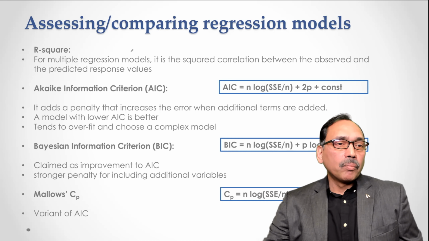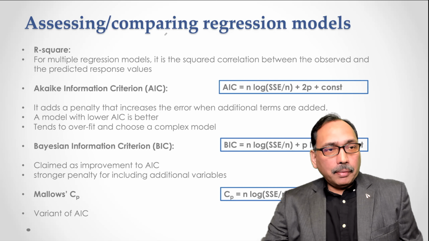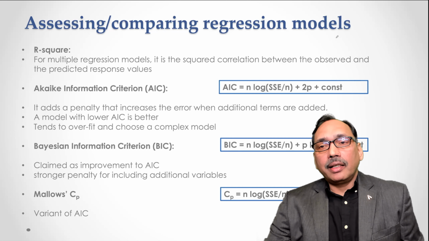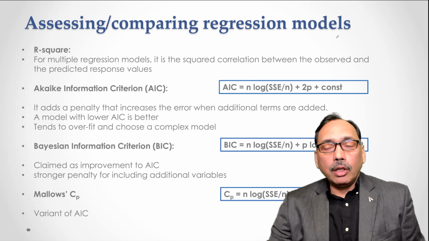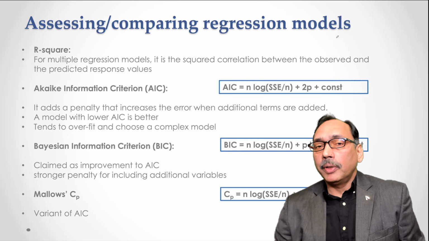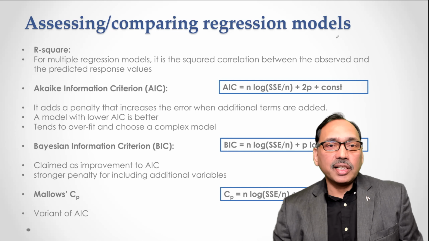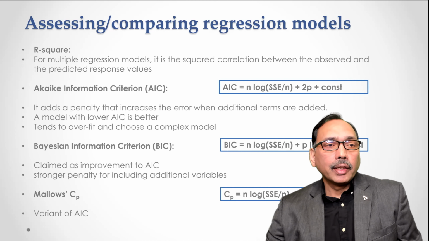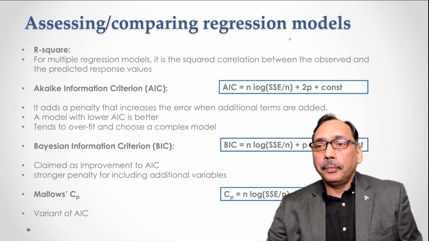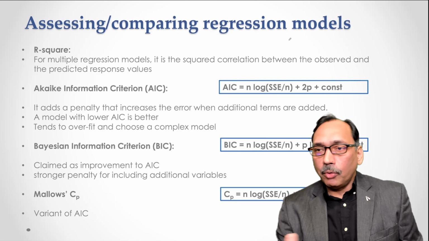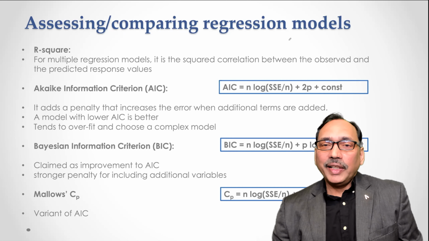Okay, now assessing and comparing regression models. Although as we go deeper into multiple regression, we are going to do this in much more detail, just to be aware, when we are developing different models, how do we assess or how do we choose a model?